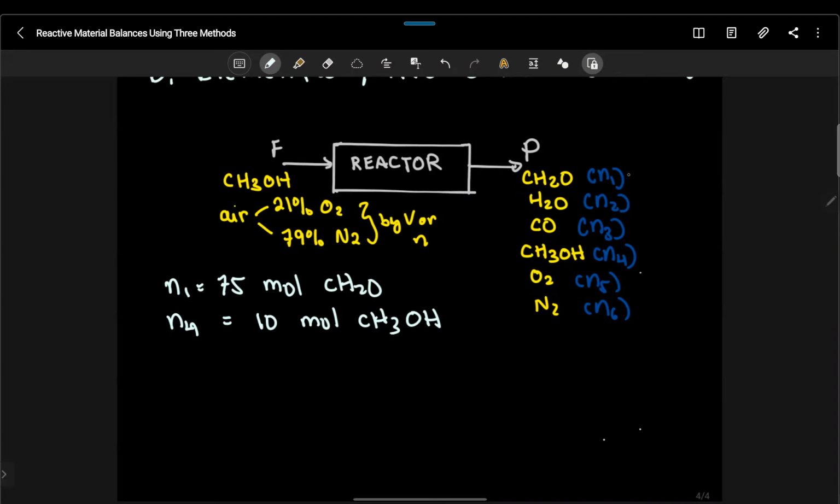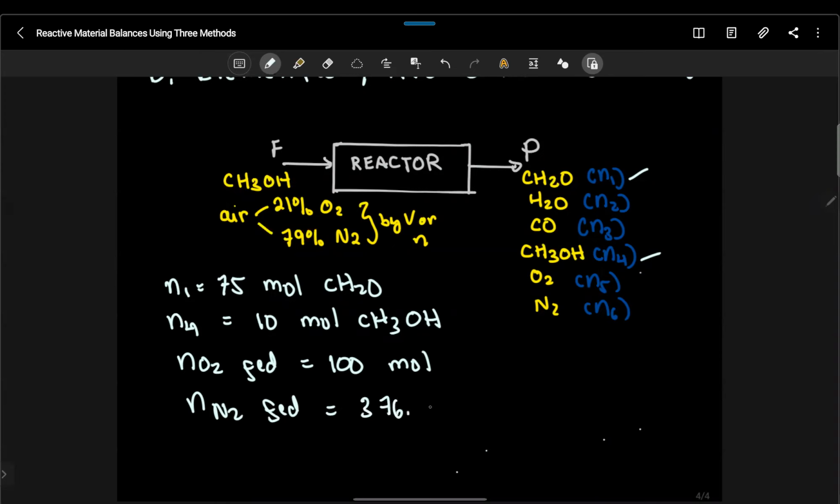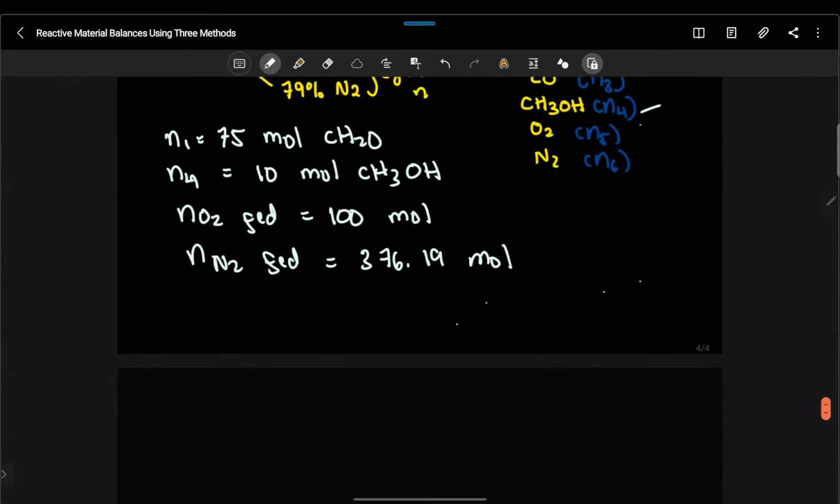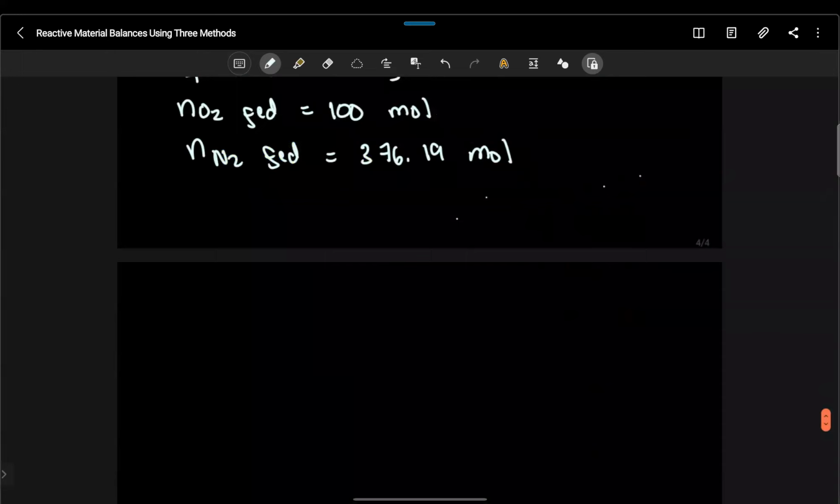So, tapos na itong N1 and N4. Tapos, alam din natin yung amount ni moles of oxygen fed. So, we know that to be 100 moles. And yung moles ni nitrogen fed, we know that to be 376.19 moles. Okay? So, the rest of the unknowns, let's find them using atomic balance method.